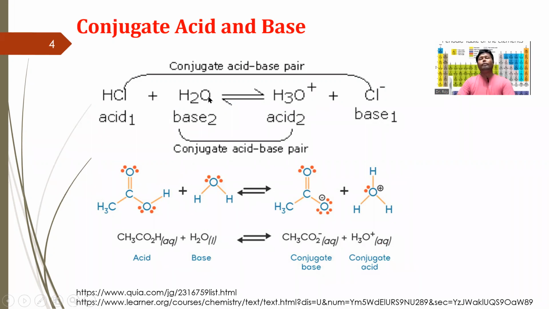But if we react water with a compound that has less probability to donate a proton, then water will have the faster ability to donate a proton. In that case, we can consider water as an acid.